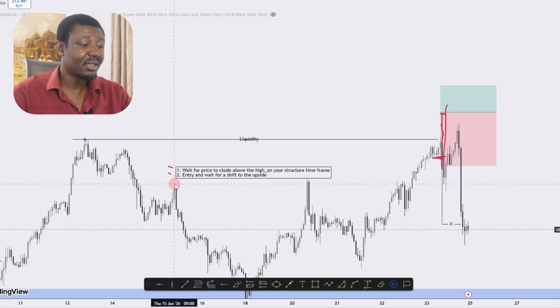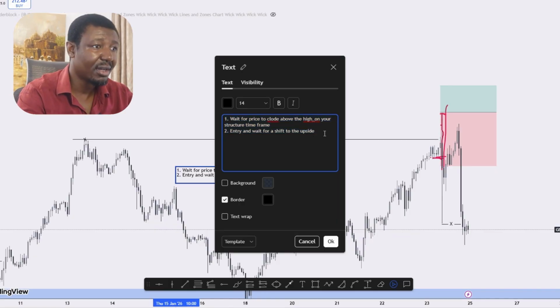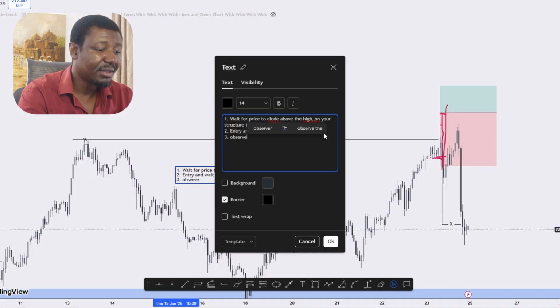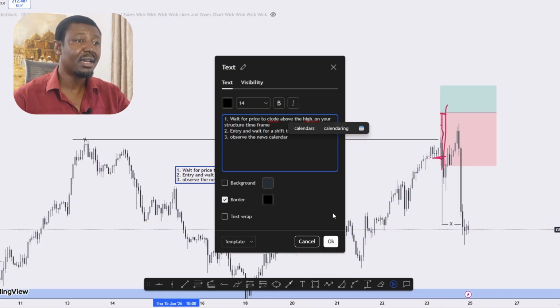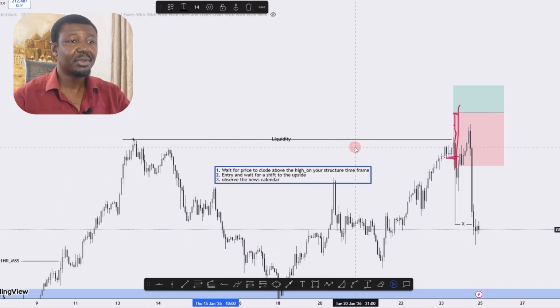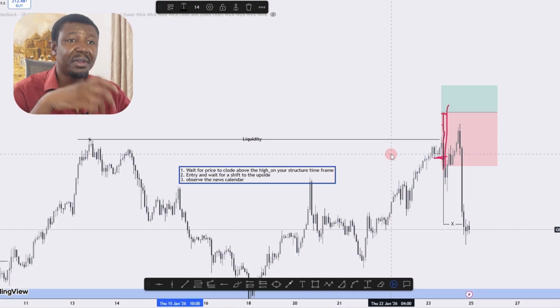And the third one is to observe the news calendar. Once you have these three checked, you can be sure that you have a higher probability that price will go in your direction, and you will not be stopped out due to a fake breakout. So guys, that's how you have it.